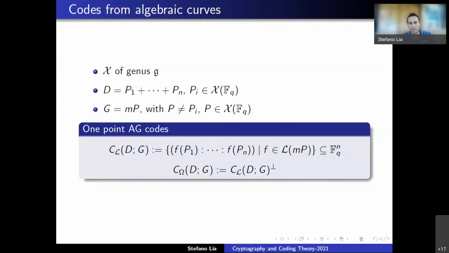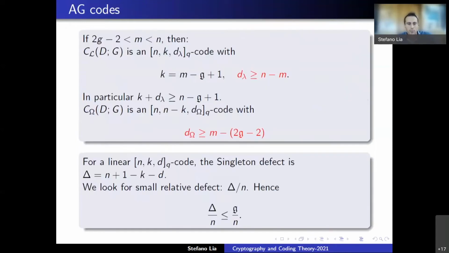So we have the particular case of one-point AG codes or Goppa codes, one-point because the divisor G has as support just one point. Now, as I told you before, the relevance of Goppa's construction is that we can get for free a lower bound on the minimum distance, and indeed we have these inequalities.